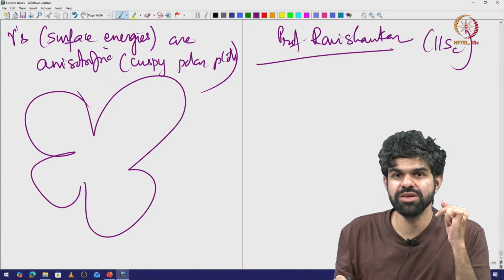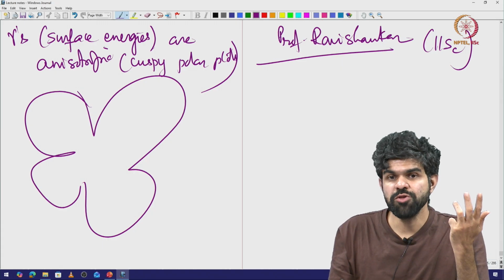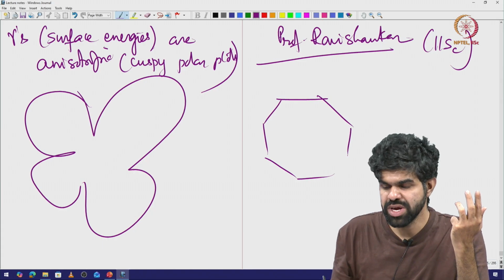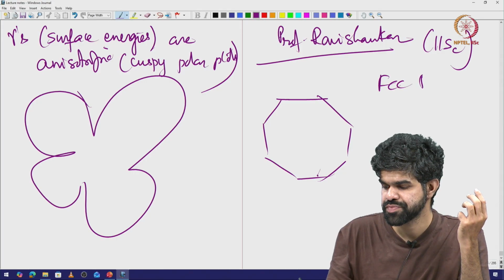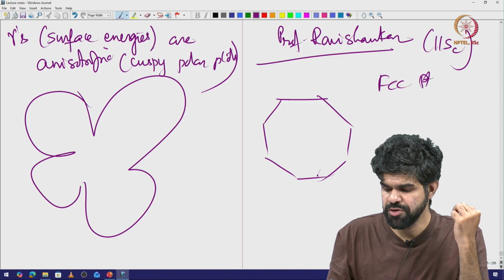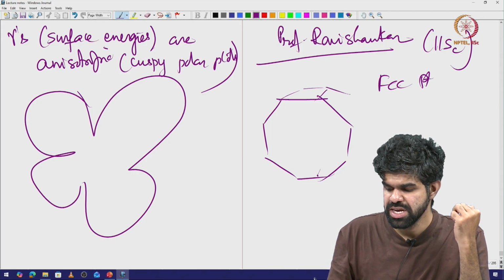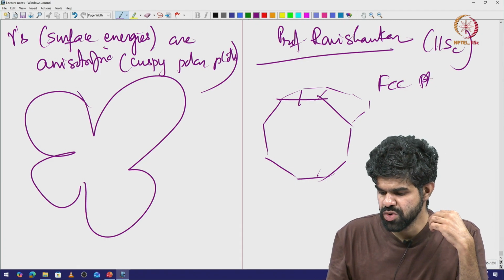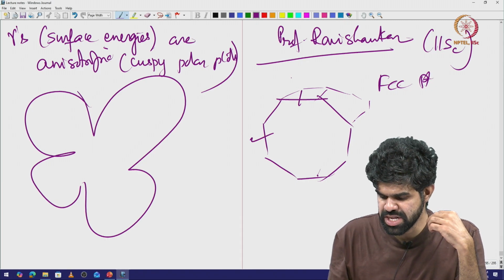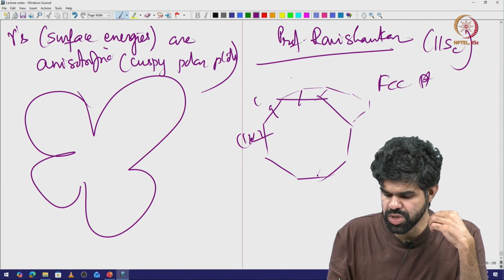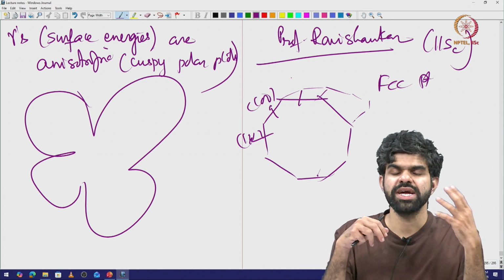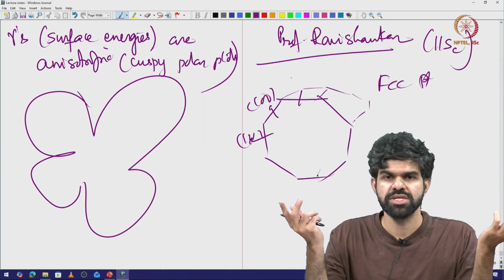So for example, let's say the Wulff construction says that you should get a dodecahedron. I am growing FCC platinum in the form of a nano crystal, and the Wulff construction says I should get this dodecahedron with the 111 facets and the 100 facets. But a dodecahedron is not good for reasons I don't know.